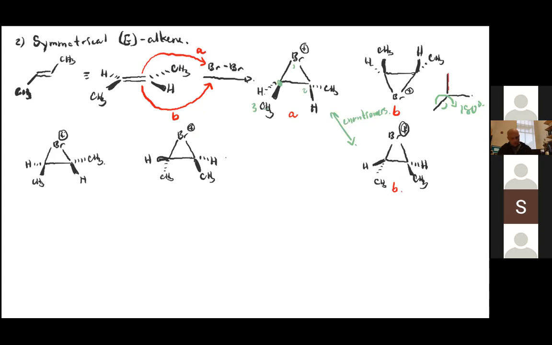Okay, so the one on the left is A, the one on the right is B. And then in the second step of the reaction, I have Br minus come in and attack.